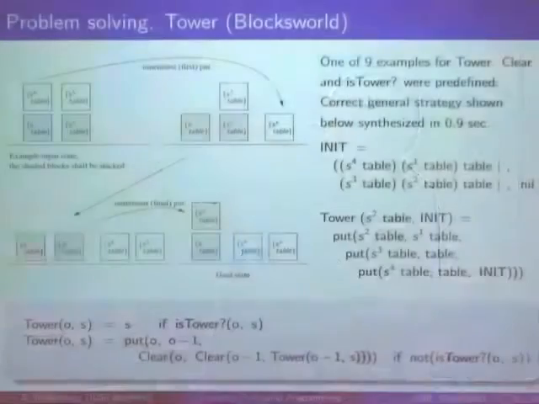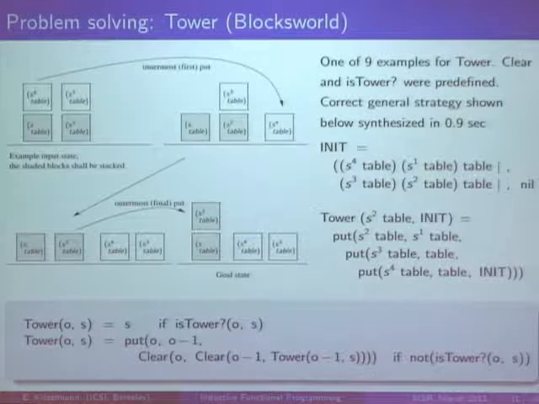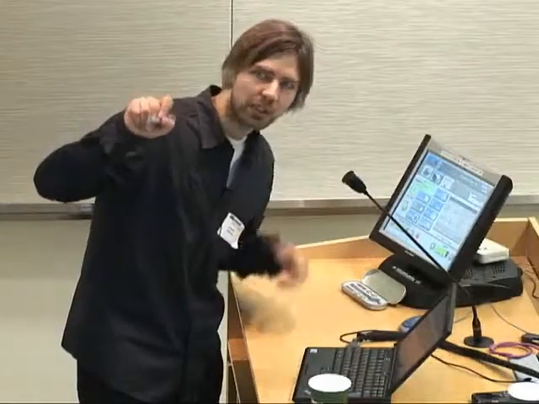So we need to put on the table some blocks that are above the last block, and then put it to the tower. So this is basically the recursive solution here, and that could be inferred from, in this case, 9 examples with the function that clears a block given as background knowledge.